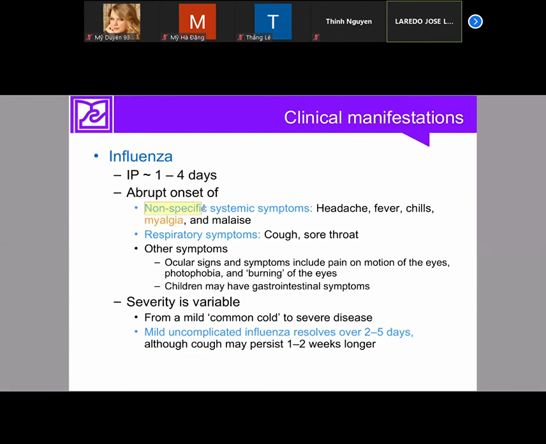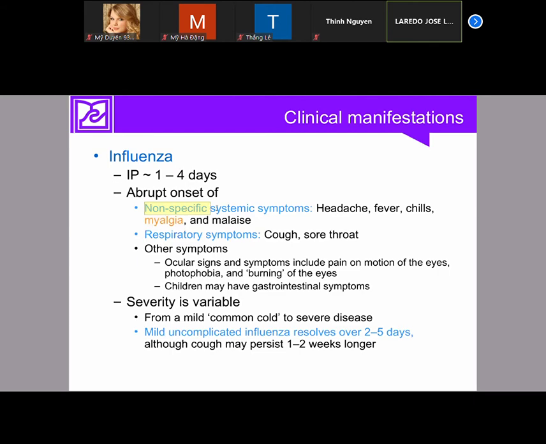After that, we start showing non-specific symptoms. These non-specific symptoms are very common for many different viral diseases. Headache, fever, chills, myalgia. Myalgia is very important, so I show you with a different color, because myalgia may be found in many different viral diseases, but it's very typical in influenza disease, very typical.